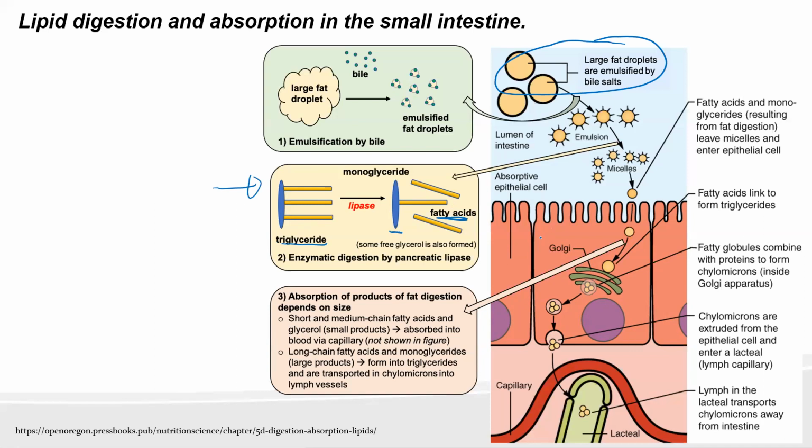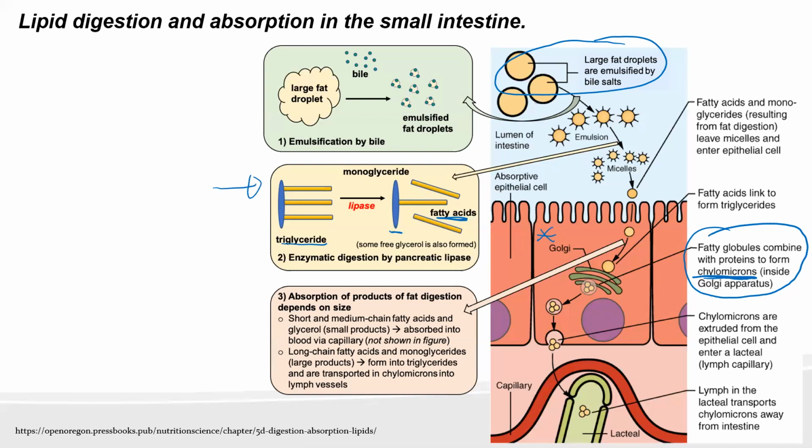These critters there in the middle of the diagram are intestinal cells. If it's a small fatty acid, it's going directly into the blood. If it's a larger fatty acid, you can see it showing here, the larger ones are combined to form these chylomicrons, which we're going to talk about shortly. And those end up in the lymph before they end up going to the blood. Okay, so that's the breakdown in terms of what is going on with the fats.